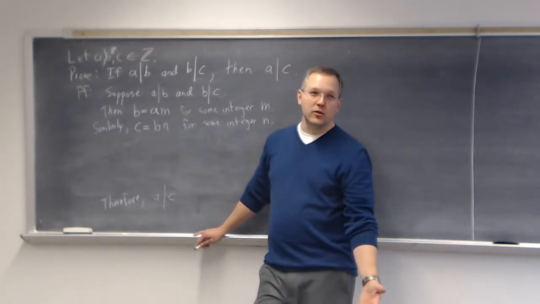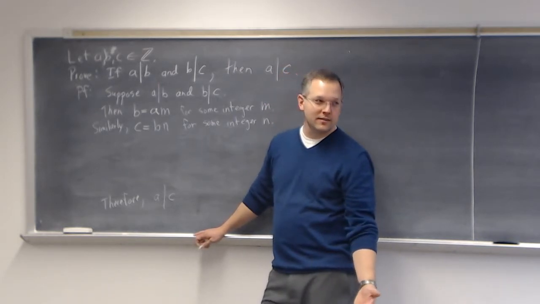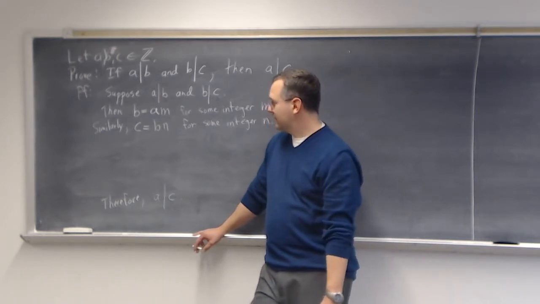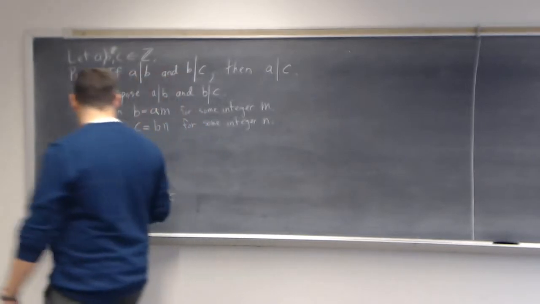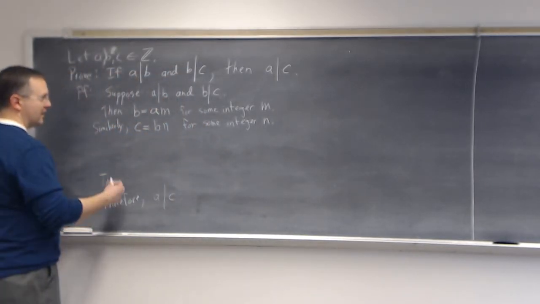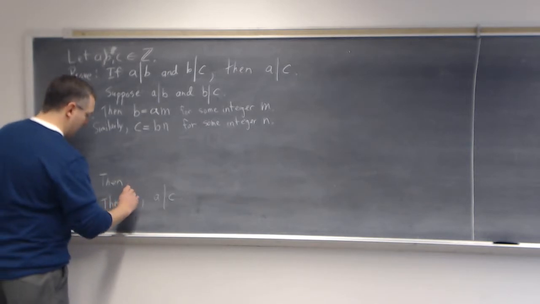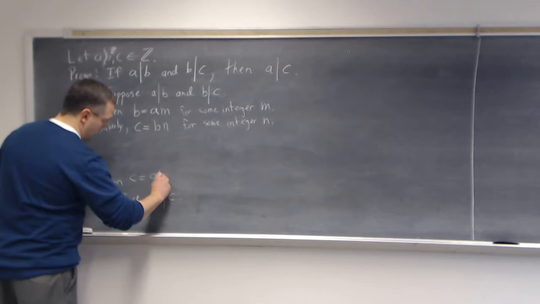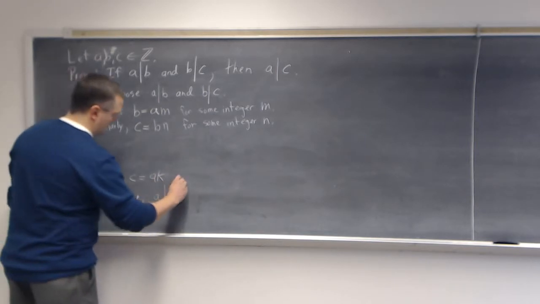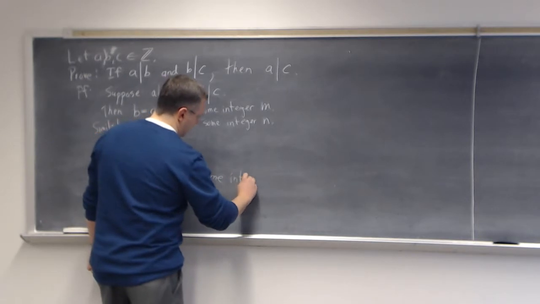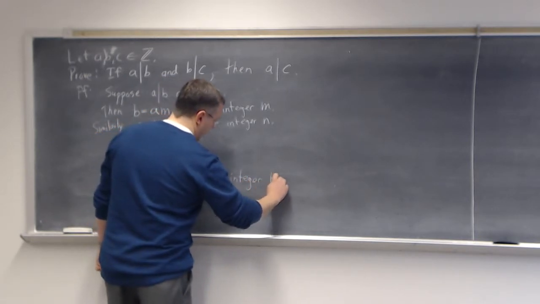I would stay away from O's. Why? They look like zeros. Yeah, so how about K? Yeah, let's use K. So how about therefore C equals A times K for some integer K.